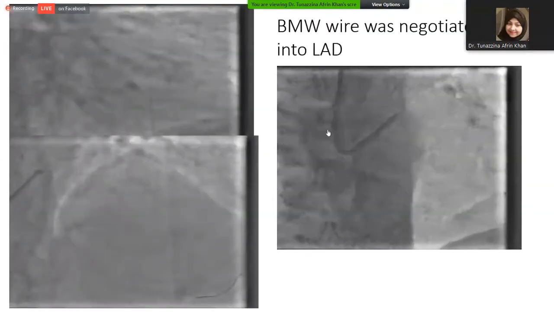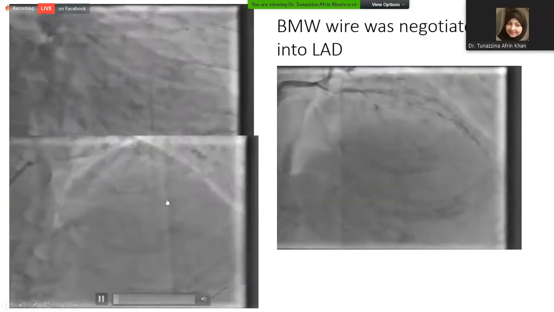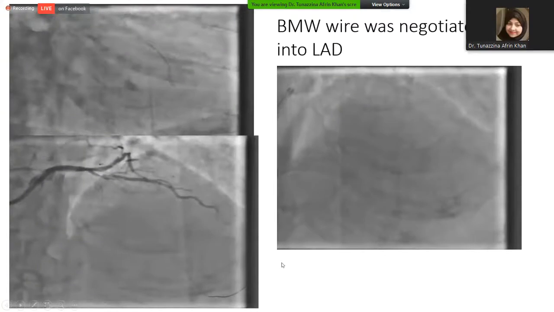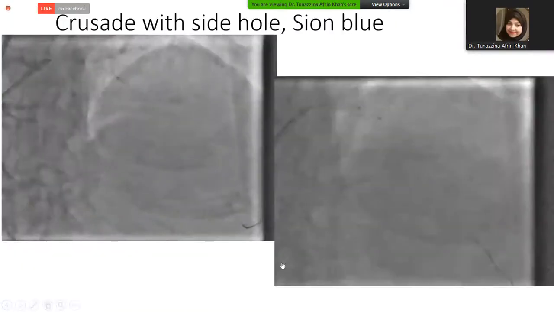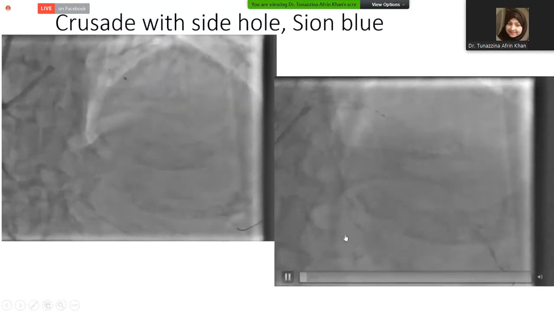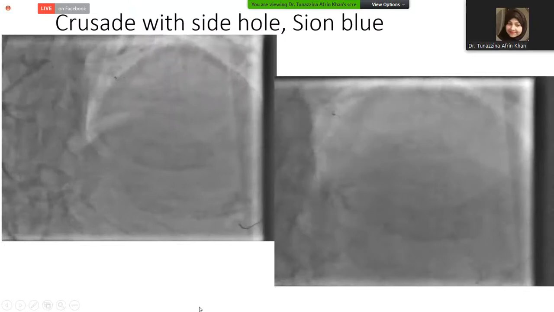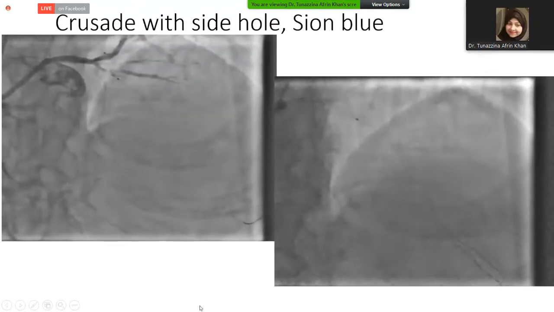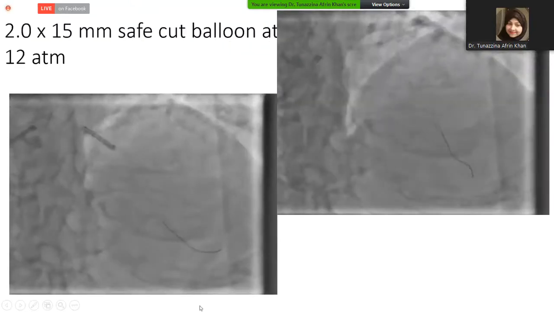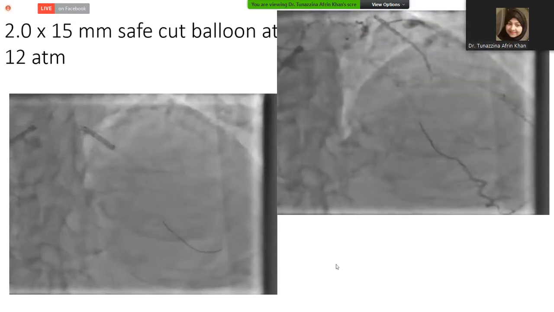We tried to negotiate the BMW wire into the LAD, but we failed, and later we used a Crusade catheter with a side hole and tried to negotiate the Cyan blue into the diagonal, but we failed. Then we pre-dilated the LAD lesion with a 2 by 15 millimeter Sapphire balloon.